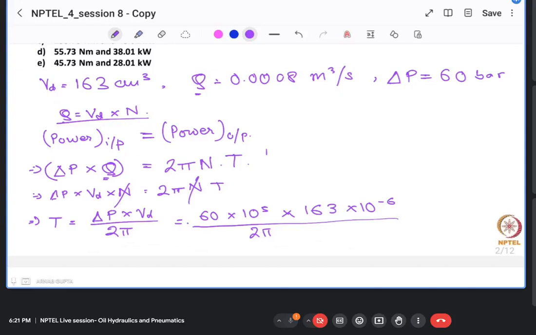You can also calculate along with me. So directly you can see here this 0 and 10 to the power 5 will cancel out with this. So 163 multiplied by 6, divided by 2 pi.